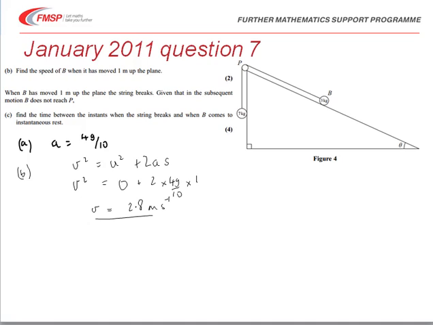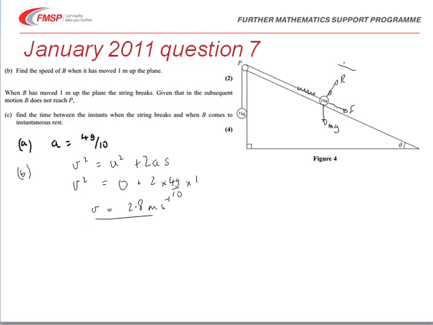In the final part of the question, we're asked to find the time that the particle now takes to come to rest. So what we have is that the string over here is broken. So if we now look at the forces that are acting, we have mg, the weight, and a frictional force acting down the plane, the frictional force as before, and R. So the tension has disappeared.